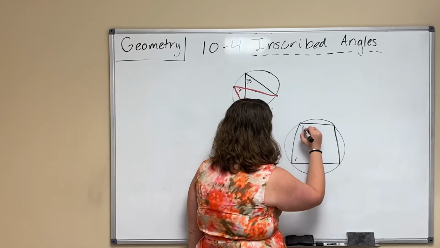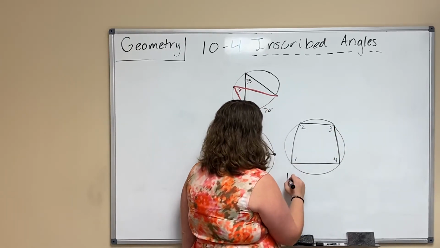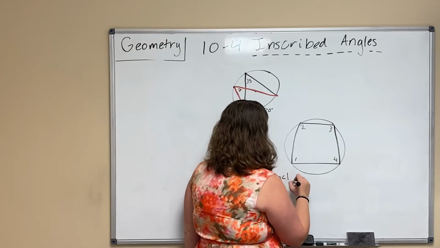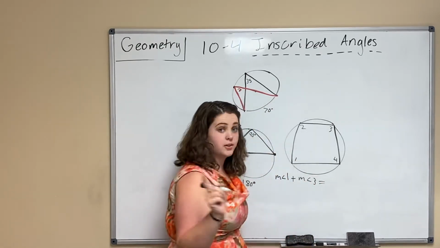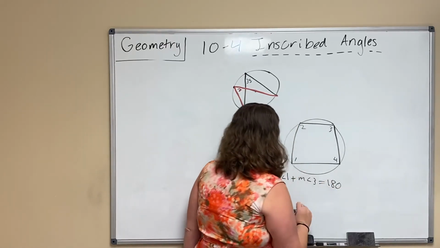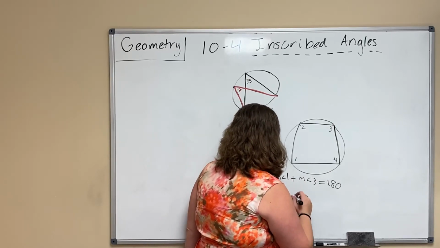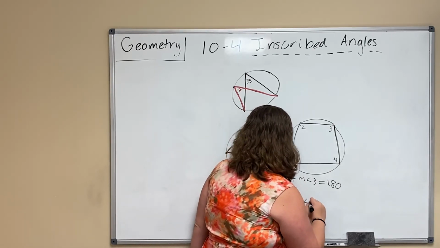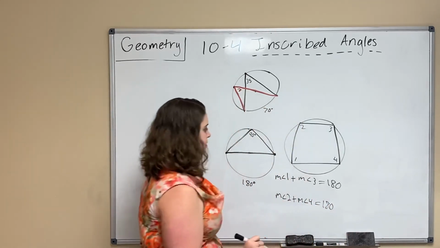So if I label these 1, 2, 3, 4, I'm saying 1 and 3, the measure of angle 1 plus the measure of angle 3 are supplementary, which you guys should remember is 180 degrees. And opposite angles again, measure of angle 2 plus the measure of angle 4 are also 180 degrees.